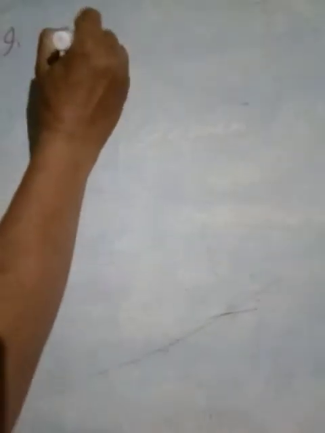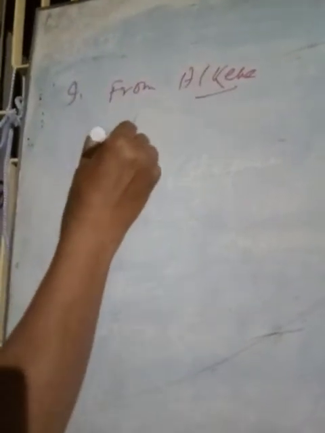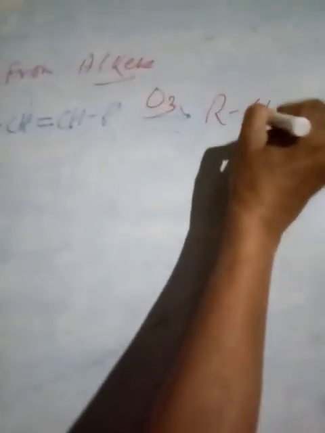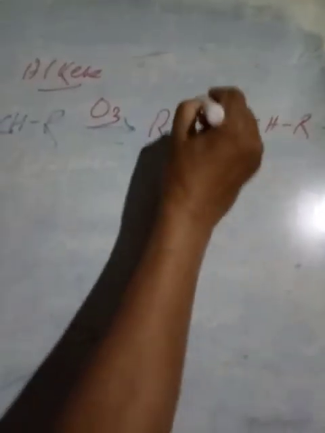Preparation 9, from alkene. If you take an alkene, say RCH double bond CHR, and add ozone, the ozonization of alkene, the product will be RCH CHR with oxygen bridging, this is ozonide.